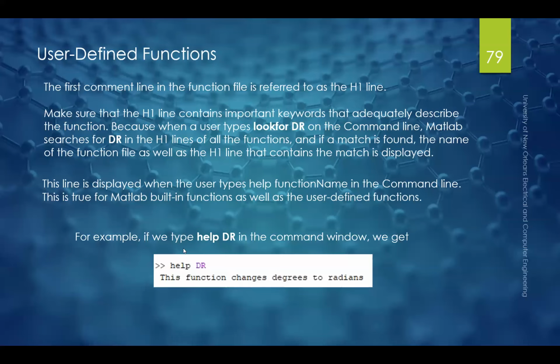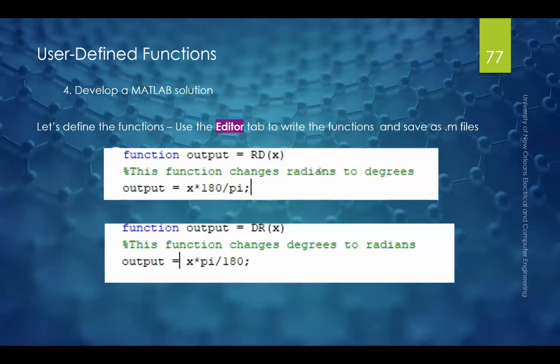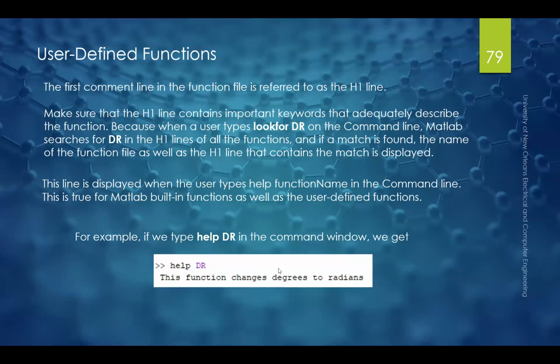For example, if we type help dr in the command line window, we're going to get this information, right? Because now MATLAB can find it, as long as it can find it, obviously, because it's got to be in a place where it can find this function. As long as it can find the function, it's going to go into the function and read this line, right? See? And that's what you see. And that's what it displays as help.